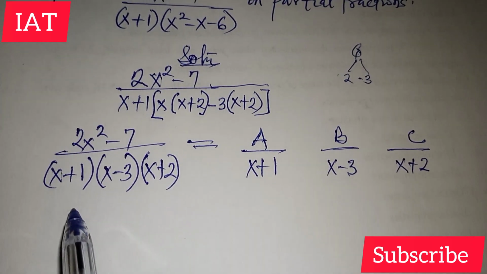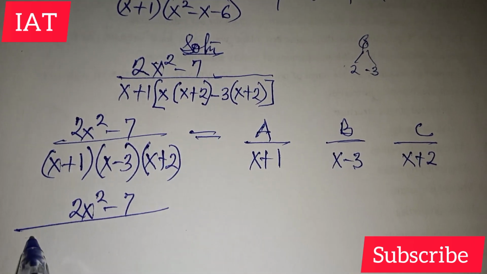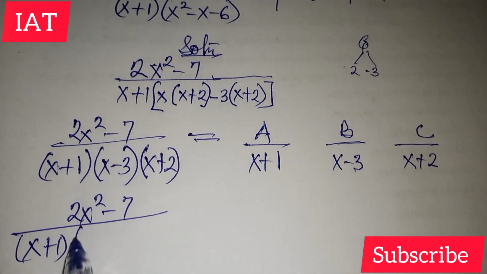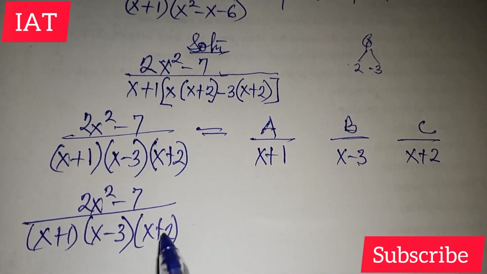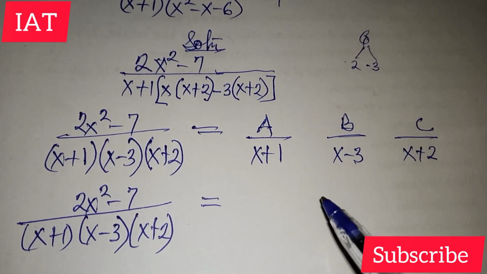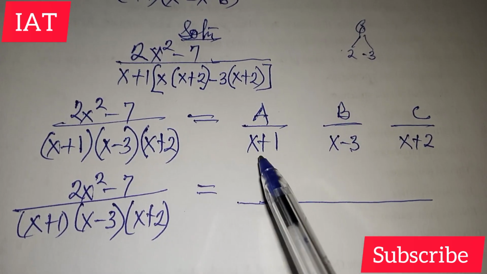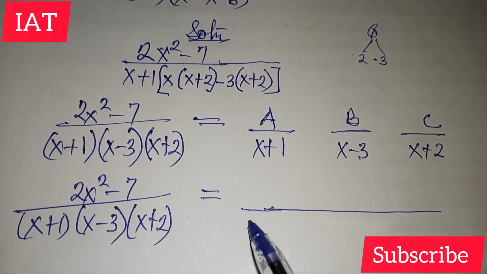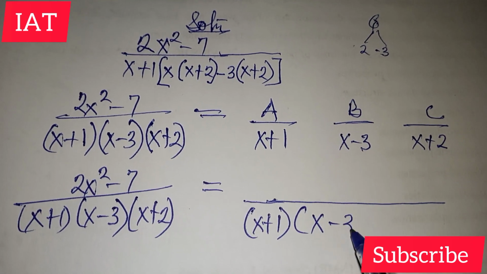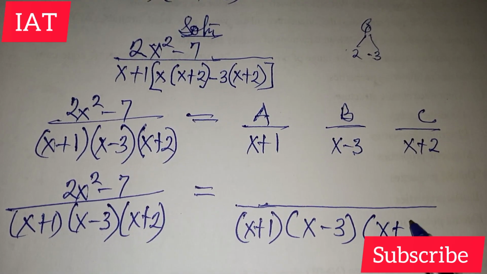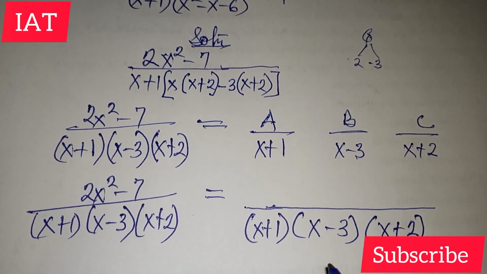Alternatively, you can just have it like this: 2x squared minus 7 all over x plus 1 into x minus 3 into x plus 2. This will be equal to, of course you know the LCM, this is another way you can do it. The LCM of these denominators is everything you are having at the denominator: x plus 1 into x minus 3 into x plus 2. So what is the next step we need to follow?